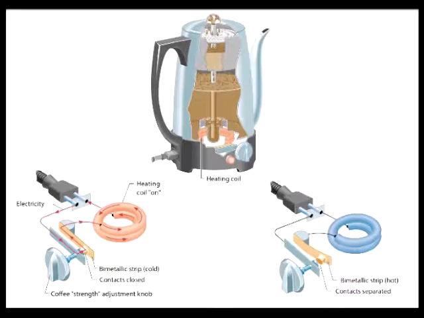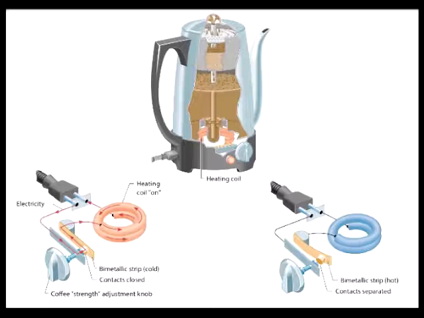When the bimetallic strip gets hot enough to bend away, the contacts separate. The electricity stops because it no longer has a continuous path along which to flow, and the brewing cycle is shut off. Turning the strength knob adjusts the brewing time by adjusting the distance through which the bimetallic strip must bend for the contact points to separate.